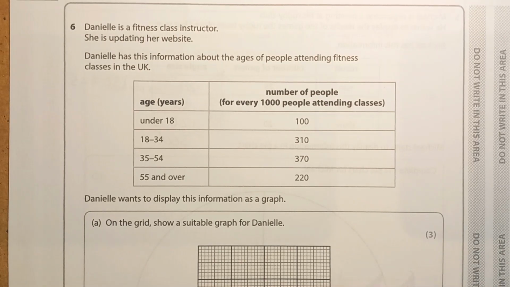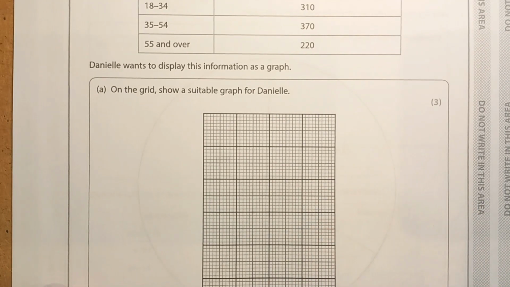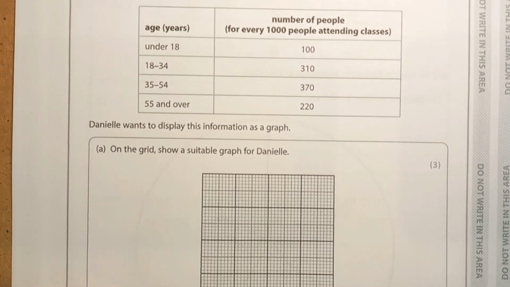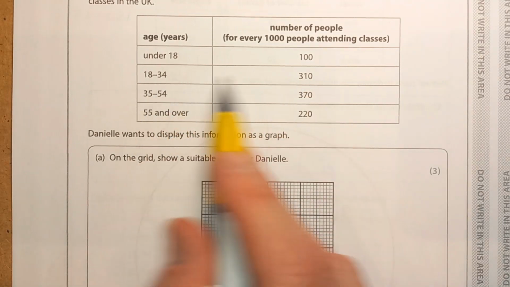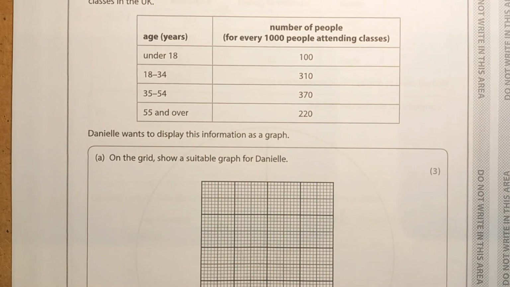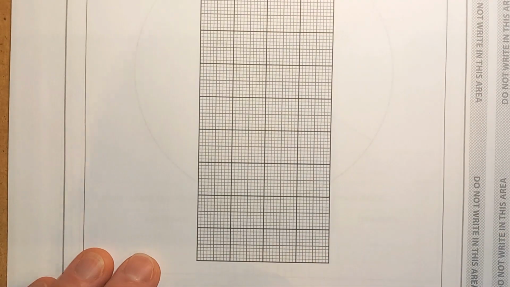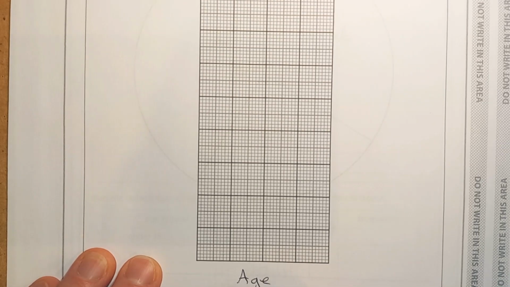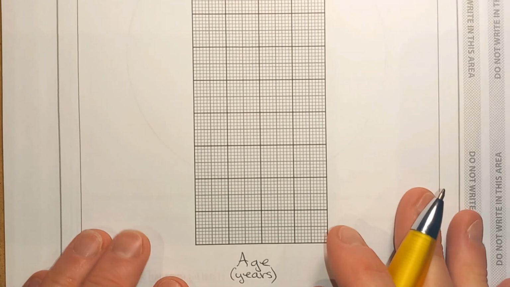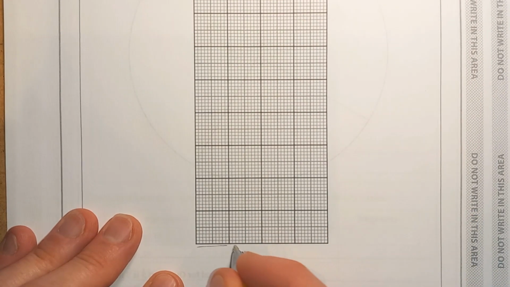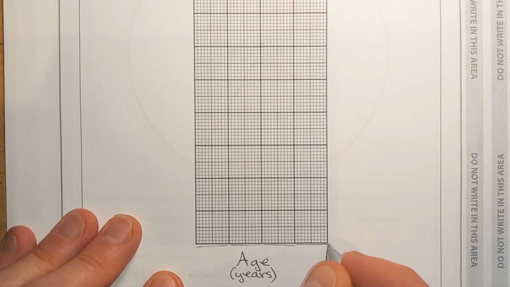Danielle wants to display this information as a graph. On the grid, show a suitable graph for Danielle. Right, well, we've got very distinct categories here, so I think I'm going to draw a bar graph. I'm going to put my age along the bottom. So we're going to have age in years, and we've got 4 age categories, so each of these is going to be one of my categories.